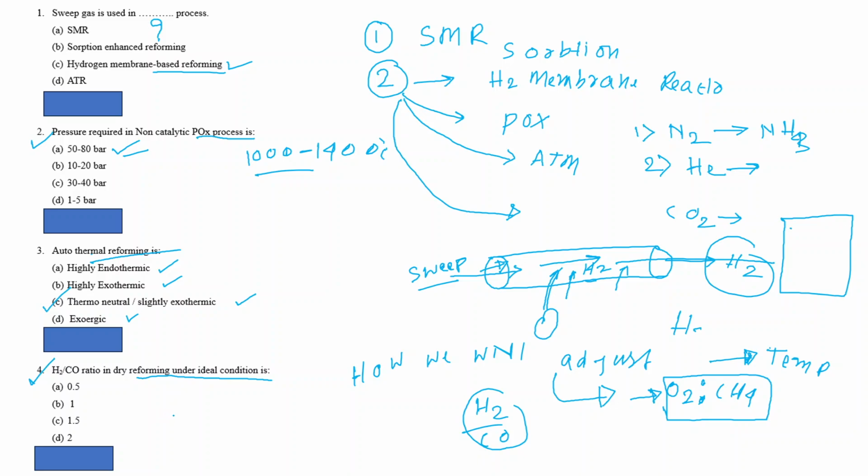Do you know the reactions? What are the dry reforming ideal reactions? CH4 plus CO2. Dry reforming means carbon dioxide is used, generating carbon monoxide syngas and hydrogen gas.